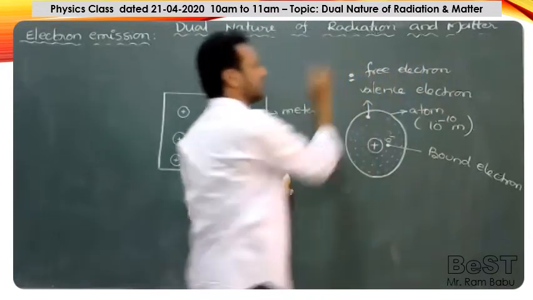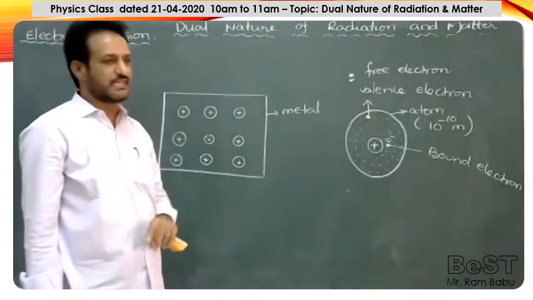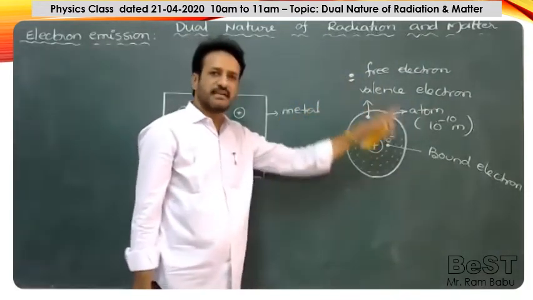That electron is called a free electron. Free electron means it is not attracted by the nucleus, so the electron can move throughout the metal randomly.